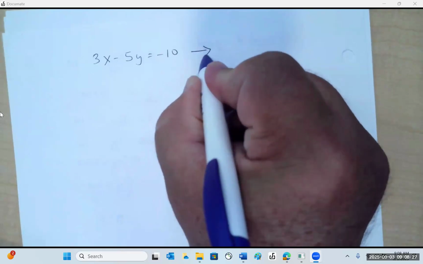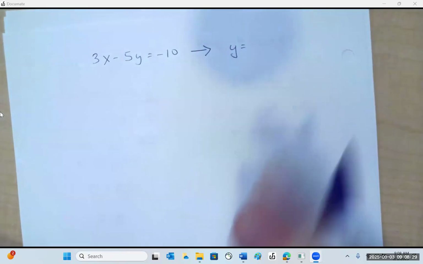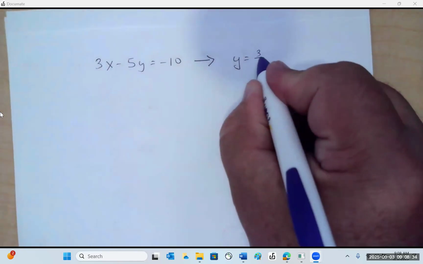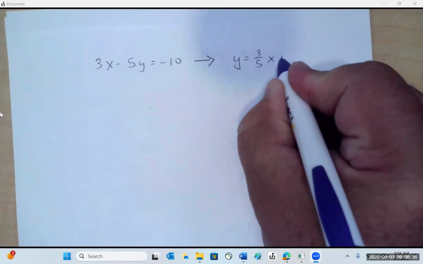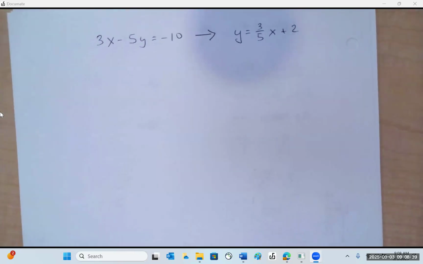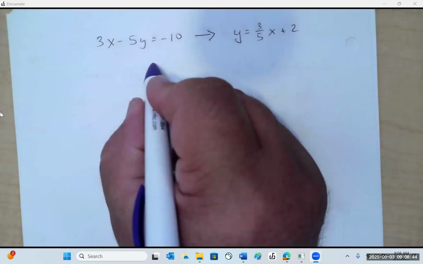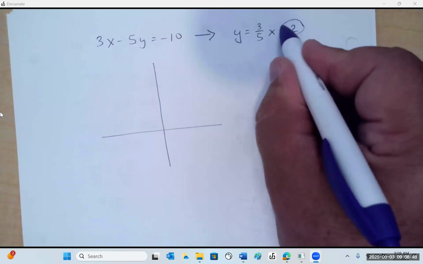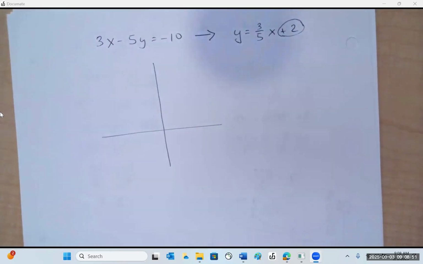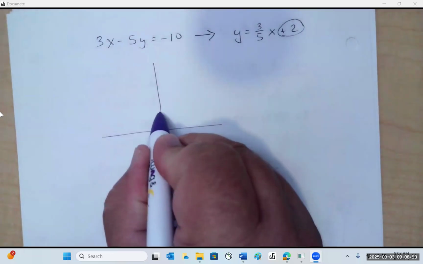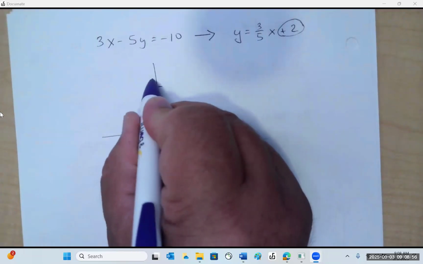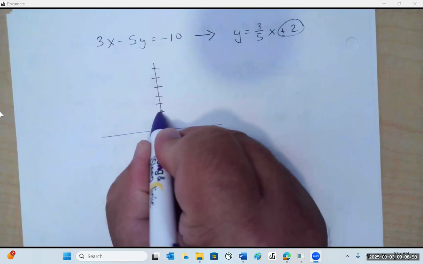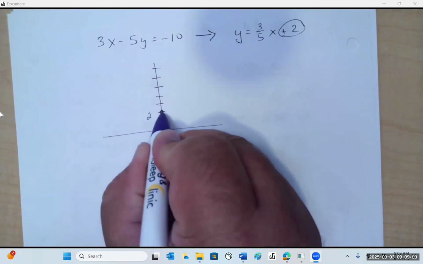And then from there, we solved for y, which gave us 3 over 5 x plus 2. So now I can start off by plotting my y-intercept. My y-intercept is at 2, so I put a dot there.